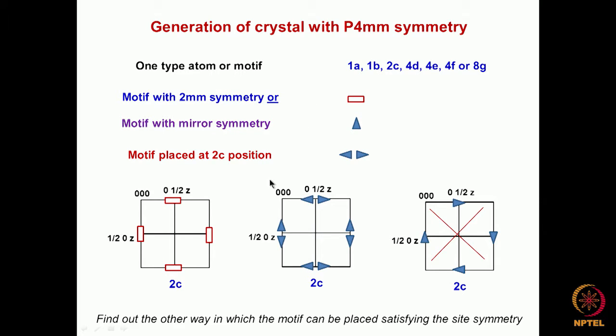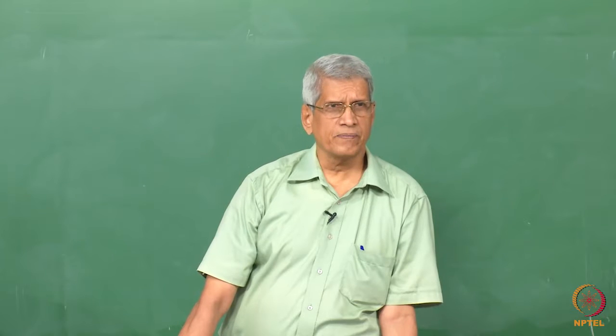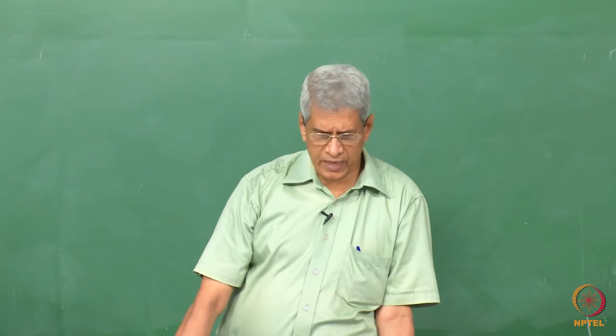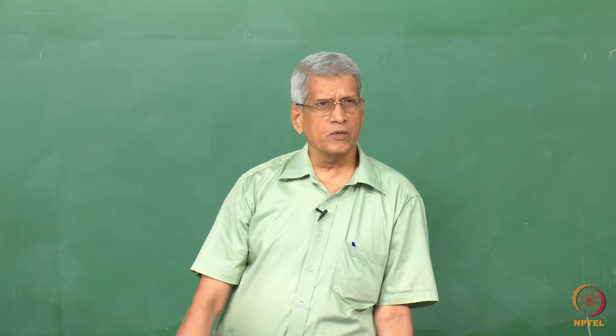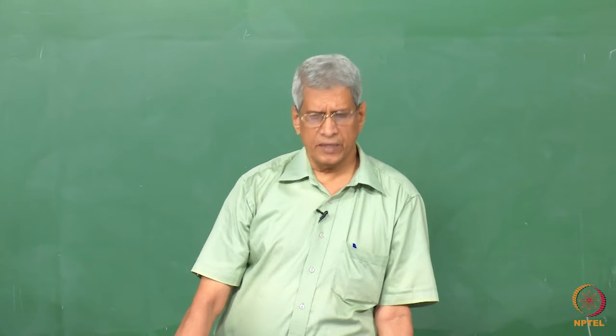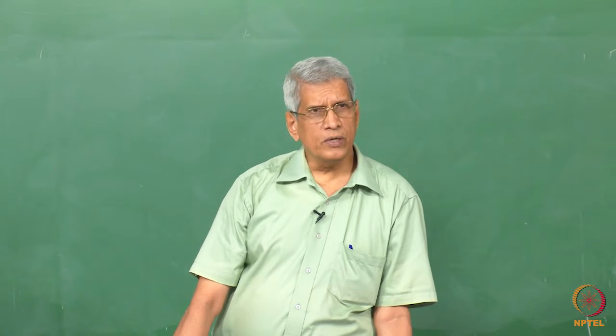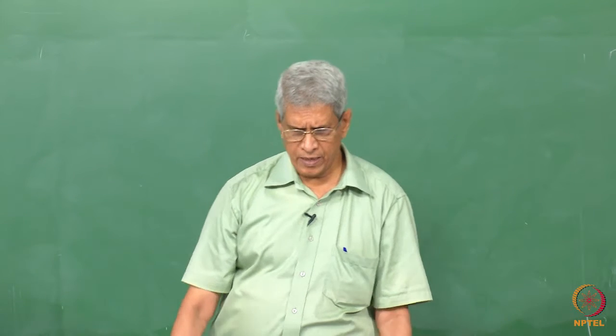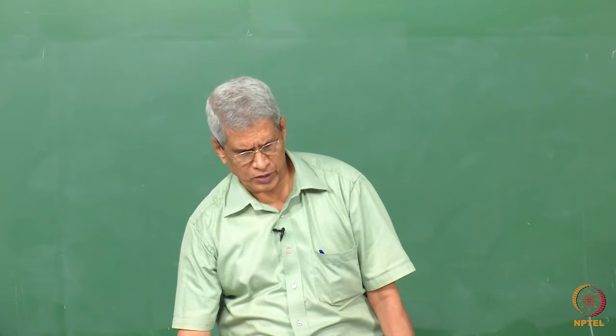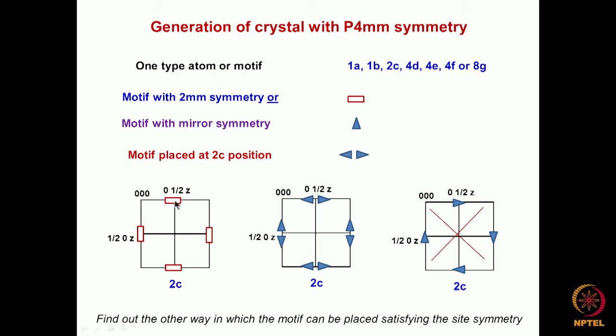Here I am considering another case in which the motif has got the full symmetry of the lattice. That is another case where the symmetry which the motif is exhibiting is only a mirror symmetry, because if we look at this particular position, the symmetry of this position is 2 mm.